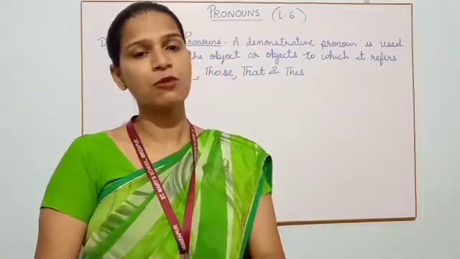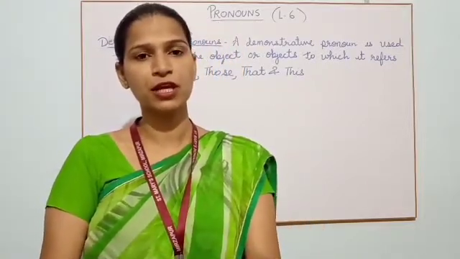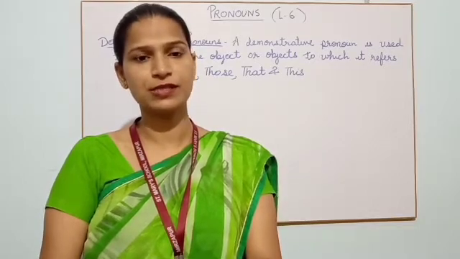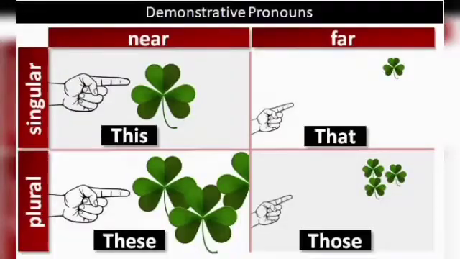This demonstrative pronoun I will be explaining to you with the help of this. This is one picture which I have taken to explain demonstrative pronouns. Children, a demonstrative pronoun is a pronoun that represents a noun and expresses its position as near or far, as you can see in the picture.